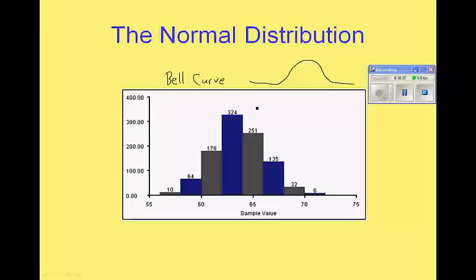And what we find in statistics is that sometimes there are certain situations where the data will closely resemble what we think of as a bell curve. And that's what's called a normal distribution of data. So here's an example of a histogram where we would look at that and say, you know what? It's pretty close to a normal distribution, a bell curve. So I wanted to mention that because the book will talk about that.